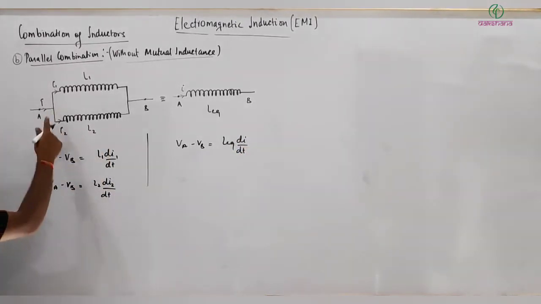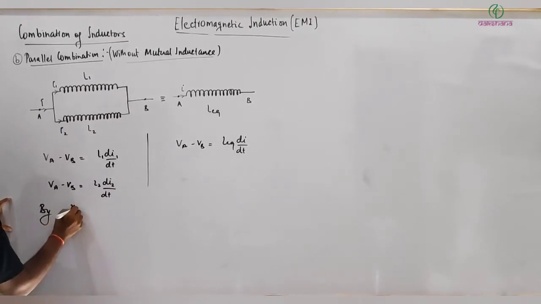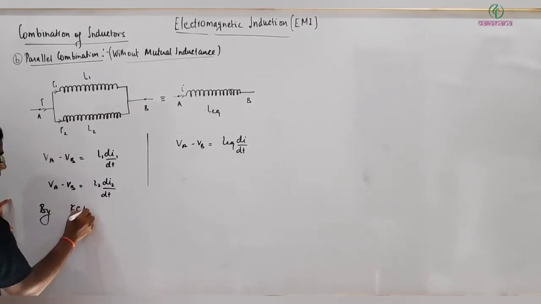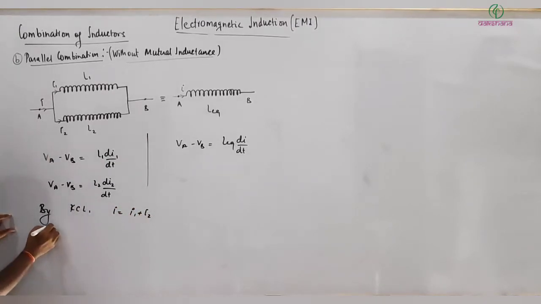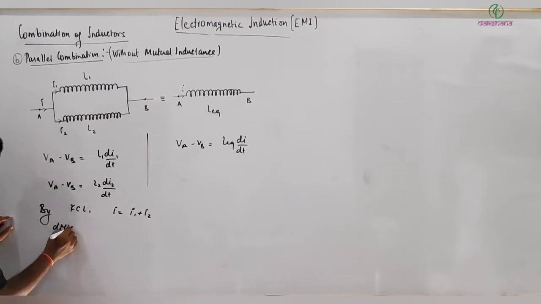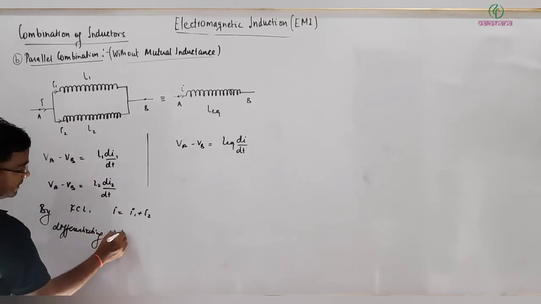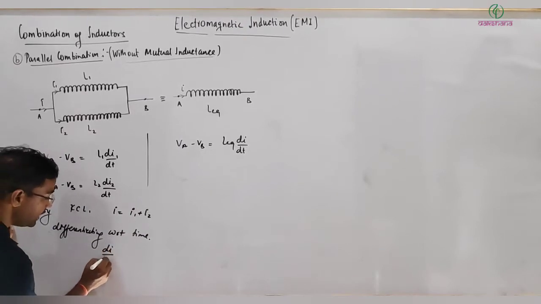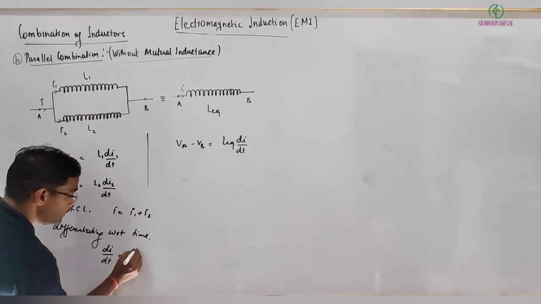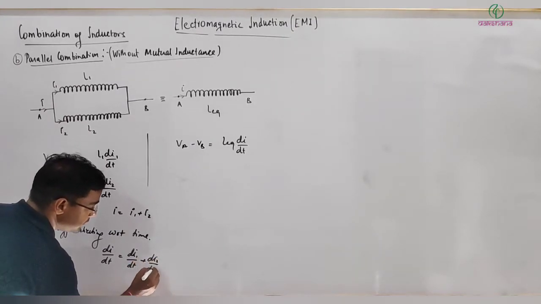By Kirchhoff's current law, I is equal to I1 plus I2, and differentiating with respect to time, di by dt is equal to di1 by dt plus di2 by dt.